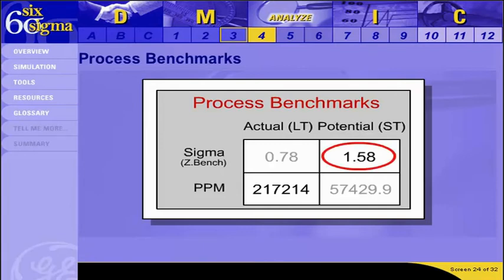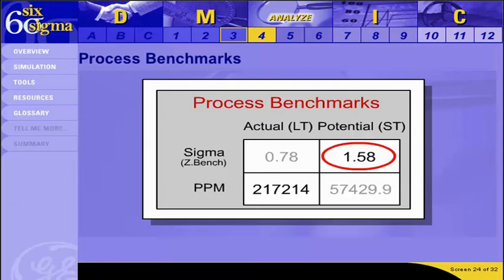In the sigma row, what Minitab calls the potential, or short-term, sigma is the same as your Z sub st. The term potential refers to the result of calculating Z sub st with the process centering technique. Process centering assumes the mean can be shifted to the targeted value and the standard deviation is only associated with background variation.